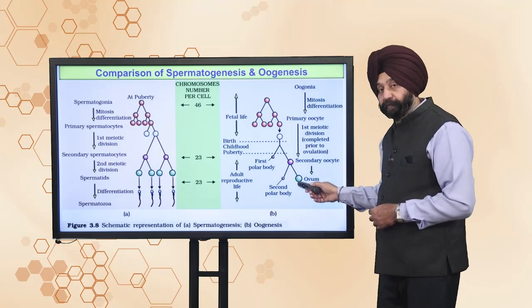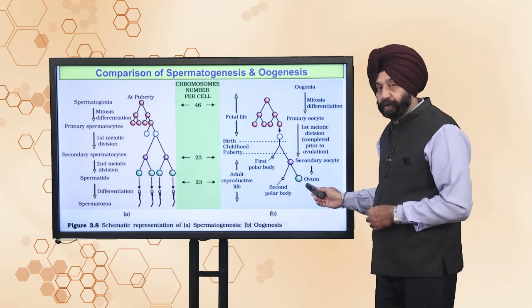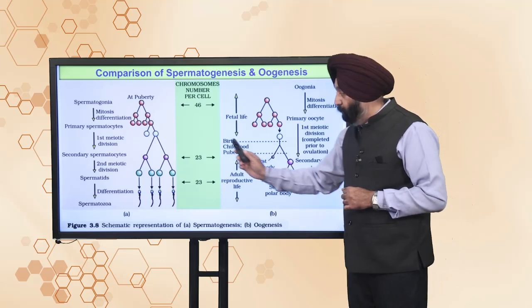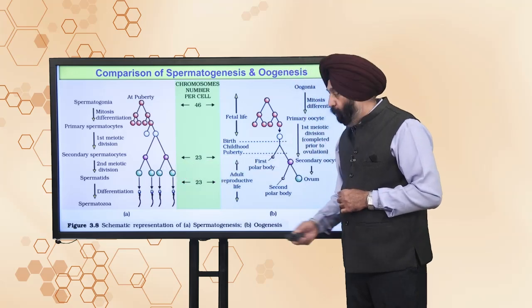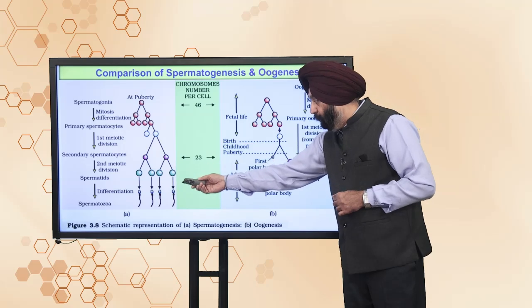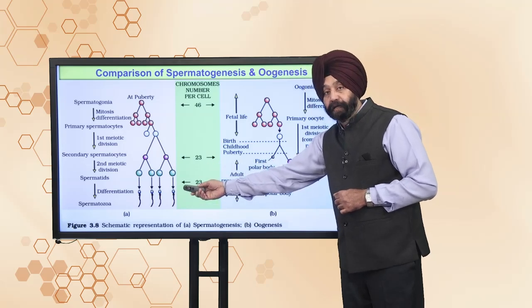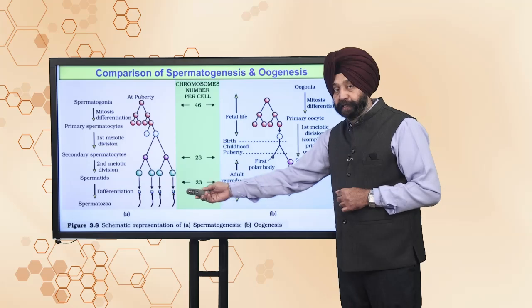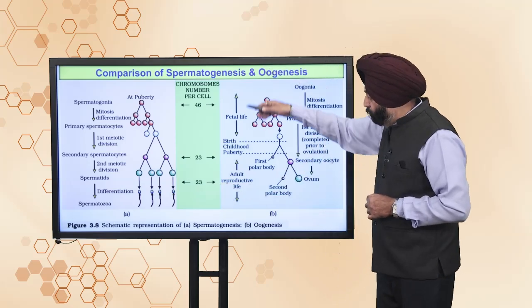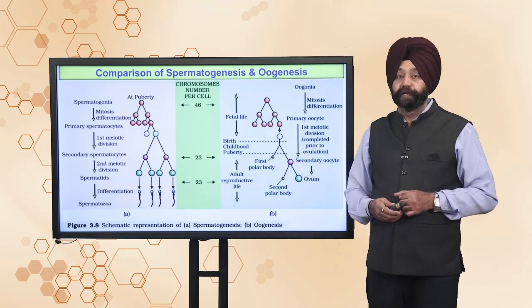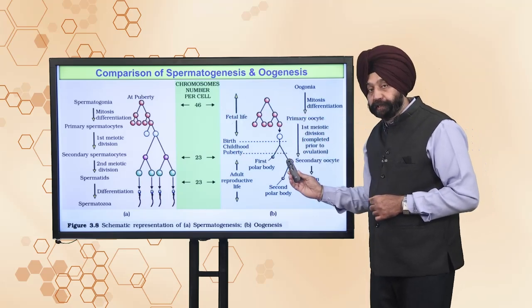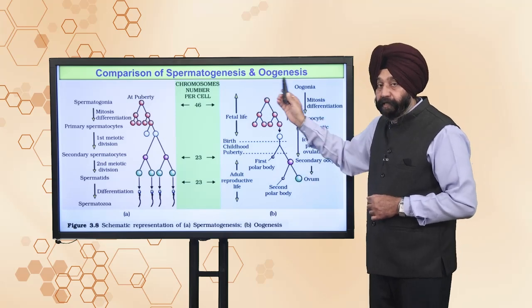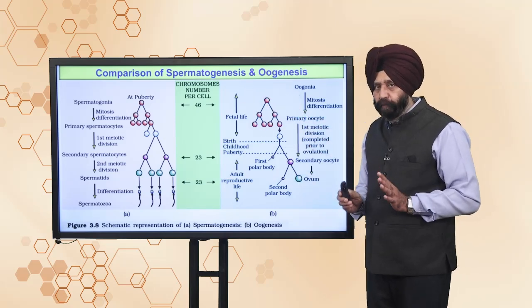The ovum, which is actually the secondary oocyte, or we can call it the ootid, does not change, whereas the spermatid changes its shape. From a globular shape, it becomes motile, having a tail, so that it can swim. So, in this particular picture, you can very well differentiate which sections have major differences and which sections are nearly similar.